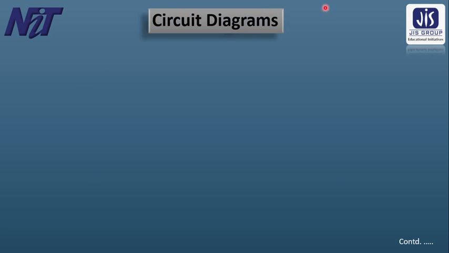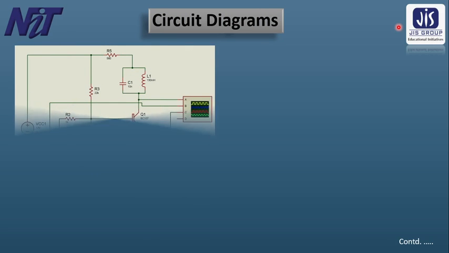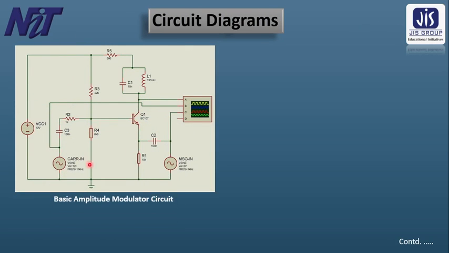So let's see the circuit diagram, which I have already designed for you for the Proteus platform. This is the same circuit which I used in Proteus. It is a transistor based modulator circuit, where we use three sources: one DC source to operate this entire circuit, a V sine for your carrier input, which will have a frequency of 11 kilohertz and amplitude of 12 volt, and another sine source for message input, which will have a frequency of 1 kilohertz and amplitude of 2 volt.